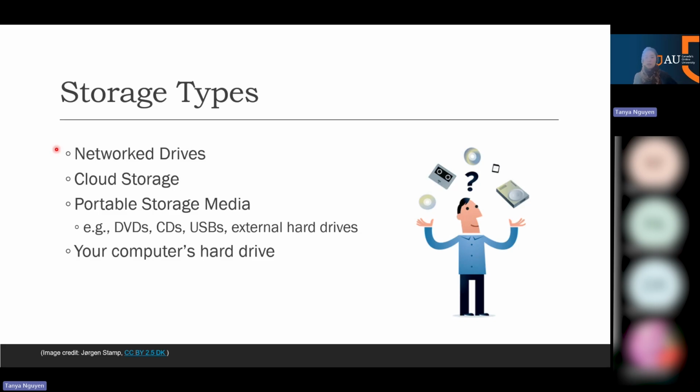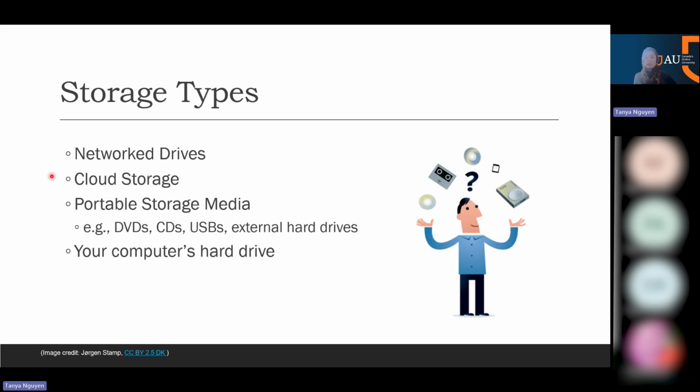To access these network drives, you need to have a network connection, and IT would likely help you get set up with access. You would likely need to use what is called a VPN, a virtual private network.